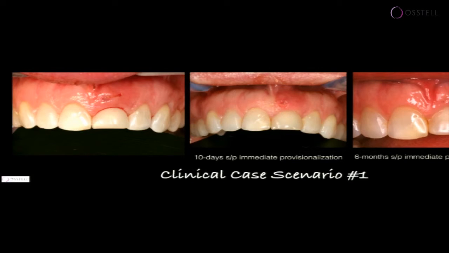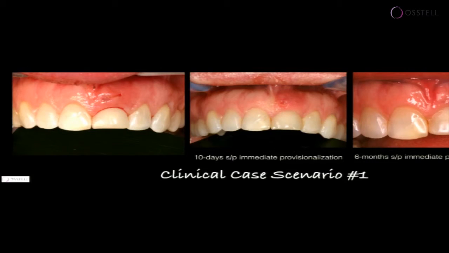I don't want to say out of occlusion, because we all know that no matter how low you reduce that position, whenever a patient bites into a bolus of food or, in fact, speaking, there's going to be occlusal contact. So what we're trying to do is just to minimize the strength of that contact.